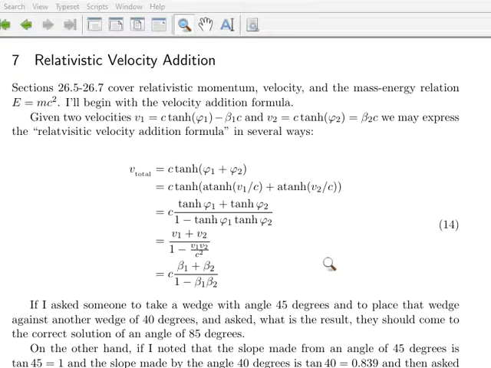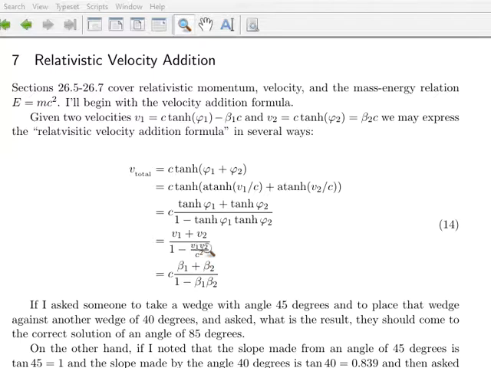You can also take each of those rapidities, phi1 and phi2, as arctanh of v1 over c and arctanh of v2 over c. So you can write it that way. The way they express it in the textbook is this way: v1 plus v2 over 1 plus v1 v2 over c squared.